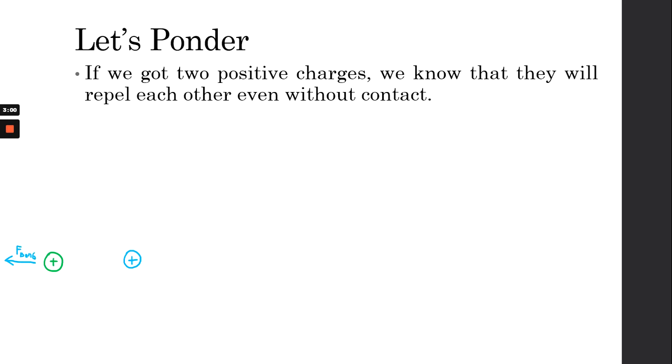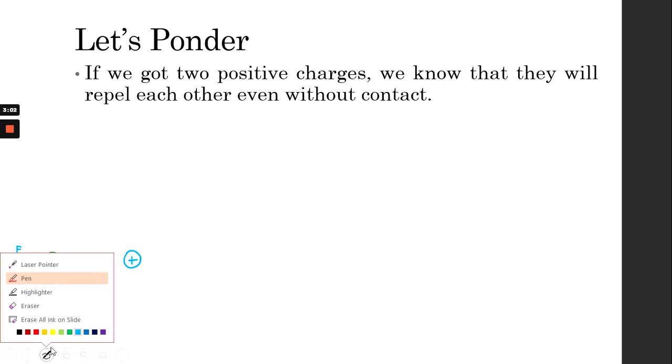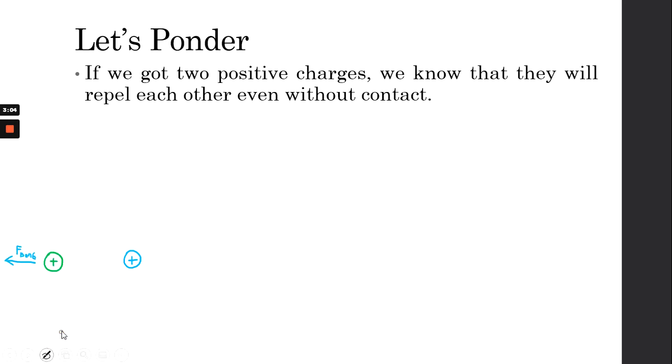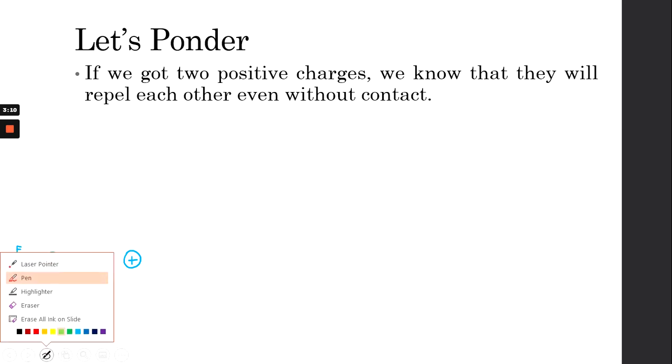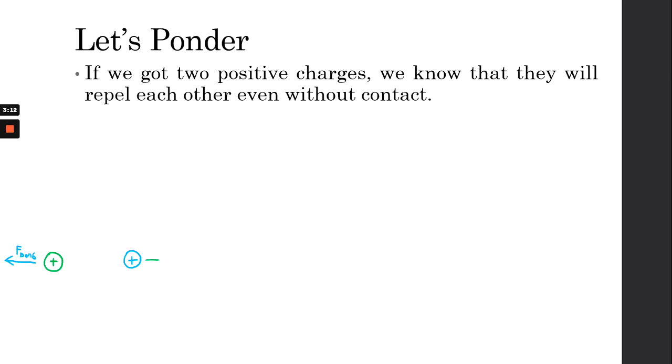And then green will also exert a type of force directed to our blue charge. There you go. So green will also exert a force towards blue. This is the force that green exerts on blue, and it's also directed in the opposite direction. We know that. We've discussed that.